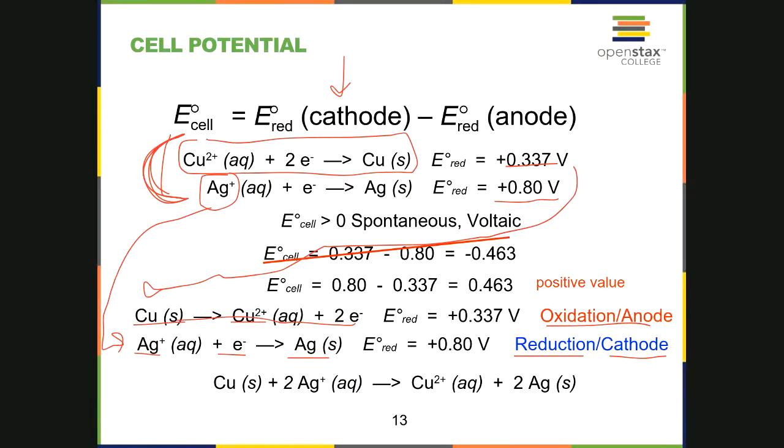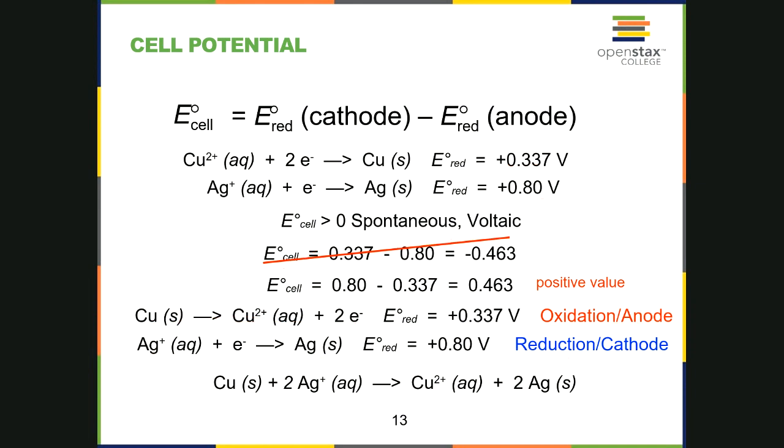Now, the last thing we want to do is take these two reactions. I'm going to erase again. We want to take these two reactions right here, and we want to combine them together to get an overall reaction for what is happening. So I take the copper. Well, wait a minute. Before I do that, erase again.